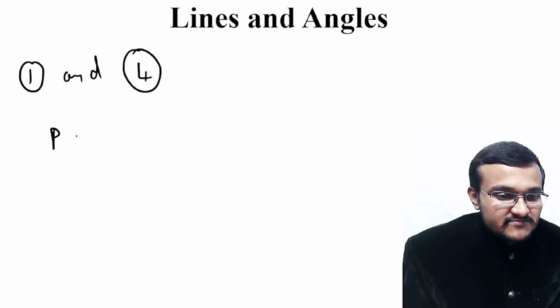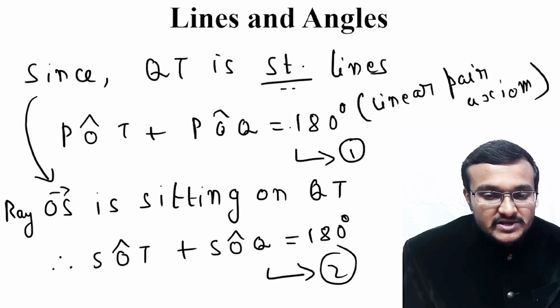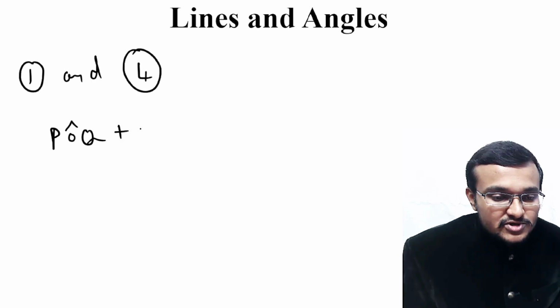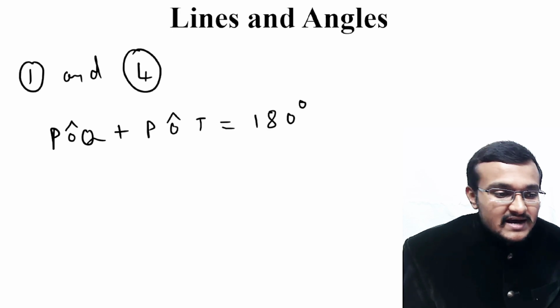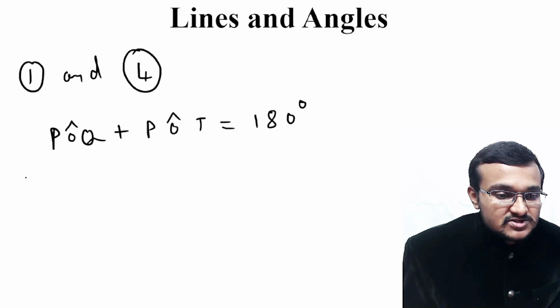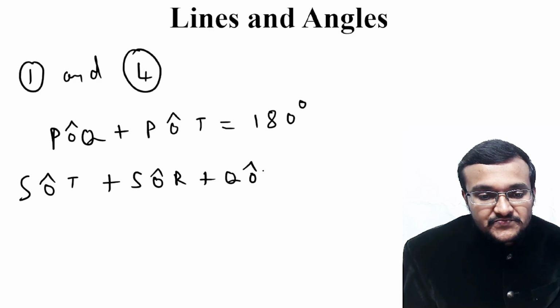So in first equation we had here you can see POT and POQ is equal to 180 degree. So that is POQ plus POT is equal to 180 degree. And in fourth equation we are getting SOT, SOR and QOR. So SOT plus SOR plus QOR is equal to 180 degree.